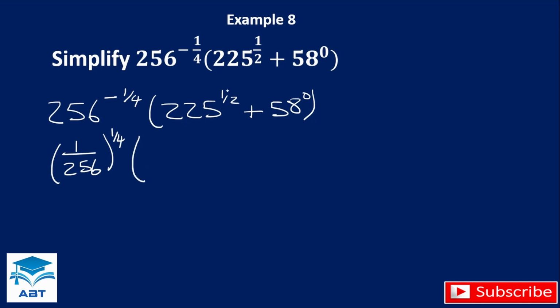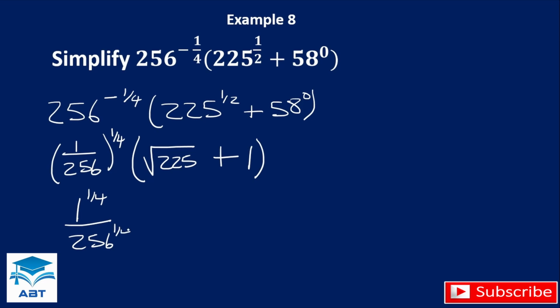And any number exponent half can be written as the square root of that number. And any non-zero number exponent 0 is 1. And this can be written as 1 exponent 1 over 4 over 256 exponent 1 over 4.